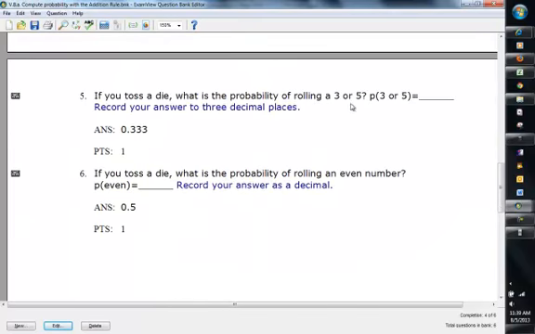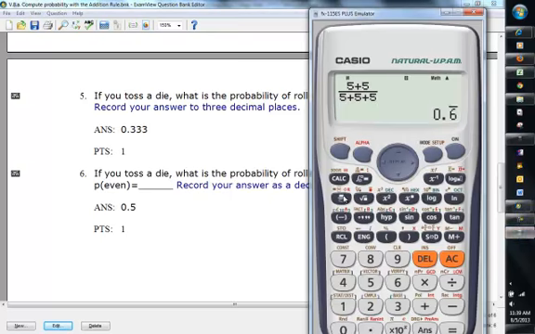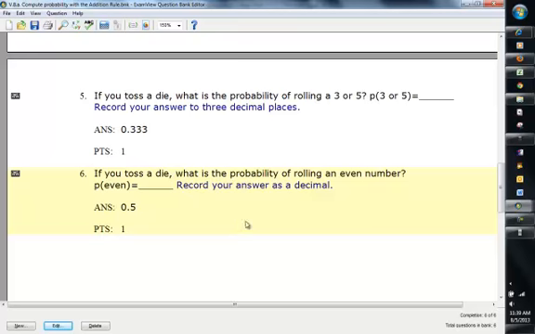Probability of rolling a 3 or a 5. Well, a 3 is 1 out of 6. Oops. Let's just delete that. 1 out of 6. A 5 is another 1 out of 6, which we could have said was 2/6, which is 0.333.